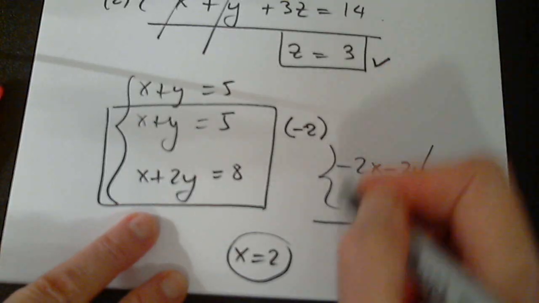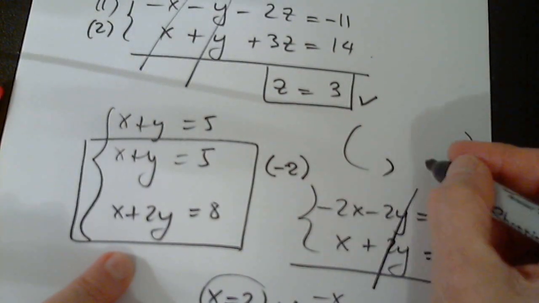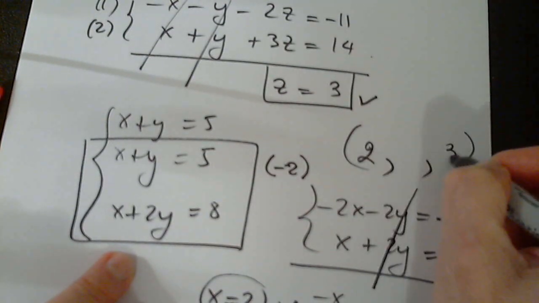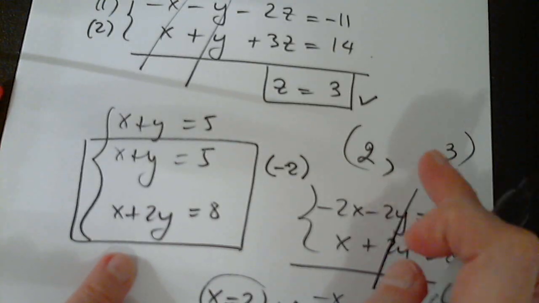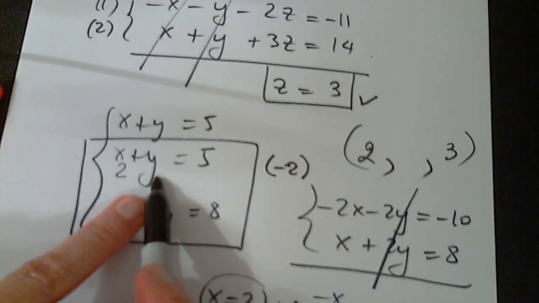So I have z and I have x. The answer now is an ordered triple. x is 2, z is 3, and now I have to find y. No problem. If x is 2, y must be 3.